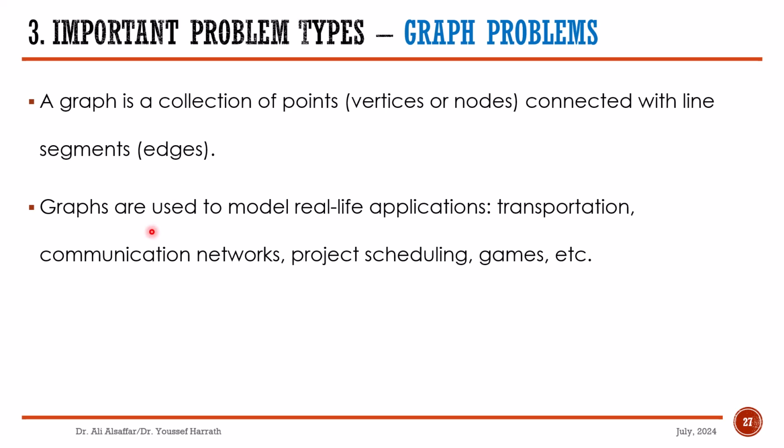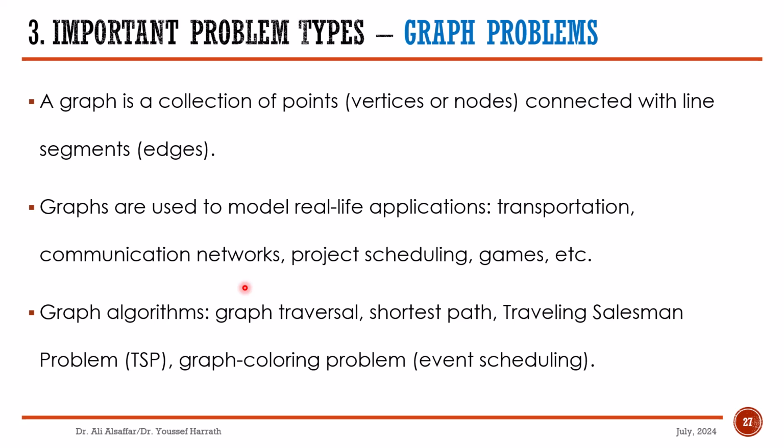Graphs can be used for modeling a wide variety of real-life applications, including transportation, communication, social and economic networks, project scheduling, games, and etc. Basic graph algorithms include graph traversal algorithms, shortest path algorithms, traveling salesman problem, topological sorting, and the graph coloring problem.